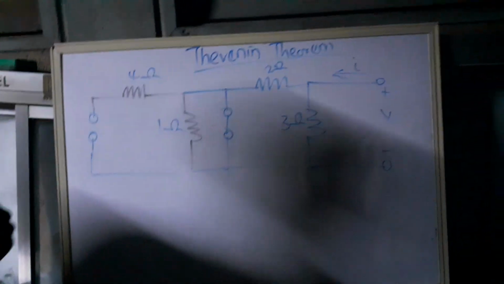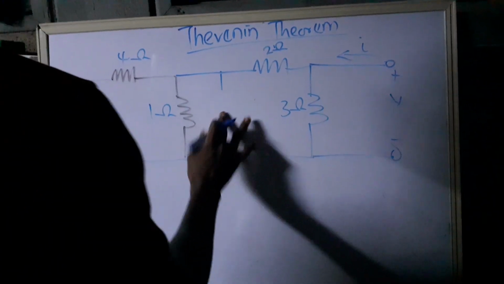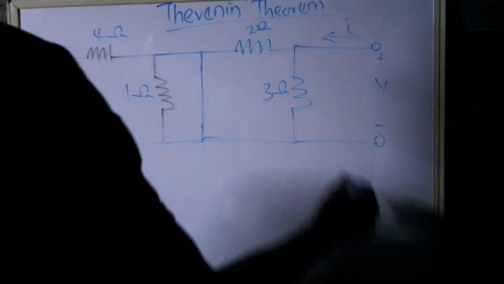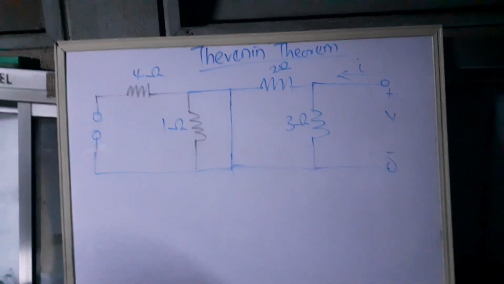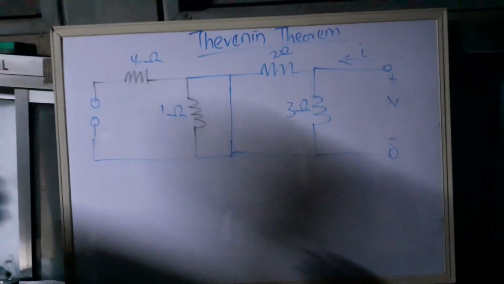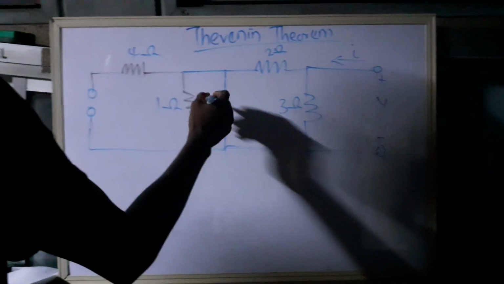Do you know that there is a closed path here? What's the resistance here?